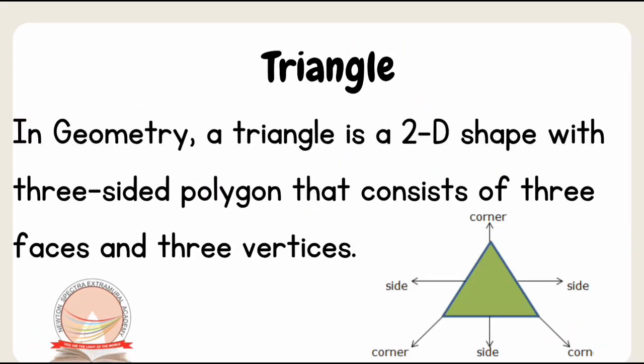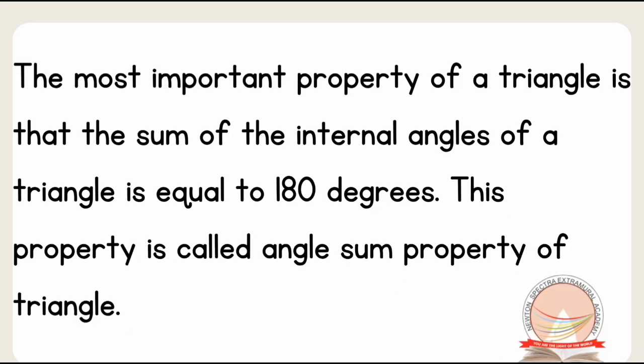So in geometry, a triangle is a two-dimensional shape with 3 sides and 3 corners. In some textbooks, you can see this corner as vertex, and the plural is vertices. And the side in some textbooks is known as face, and the plural is faces. The most important property of a triangle is that the sum of the interior angles is always equal to 180.